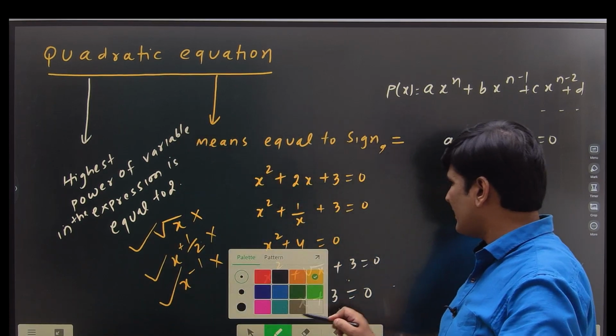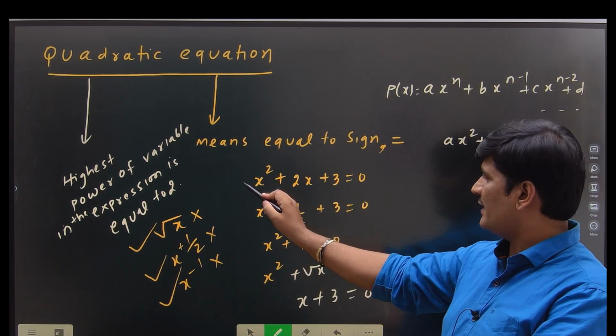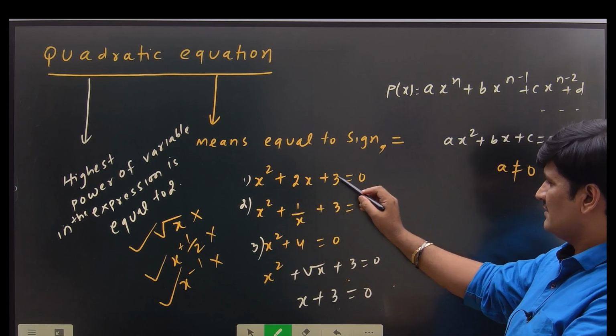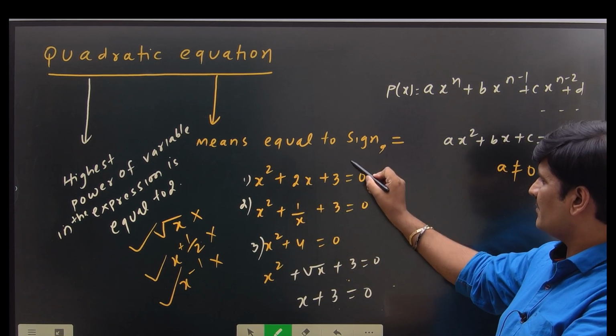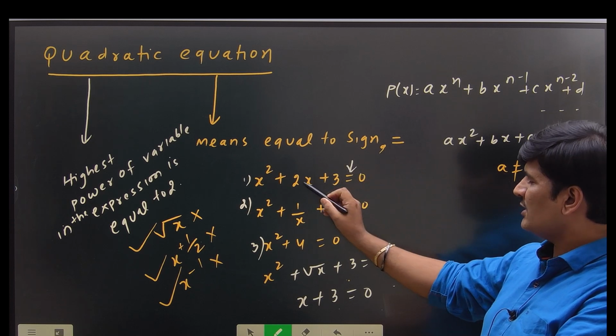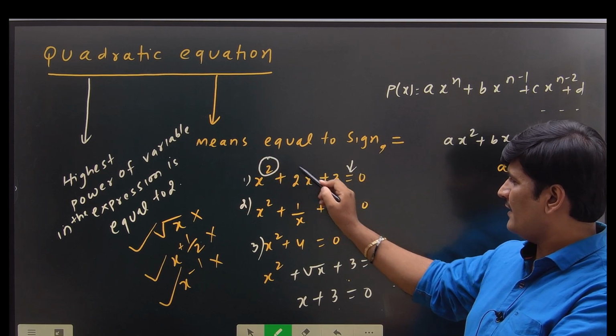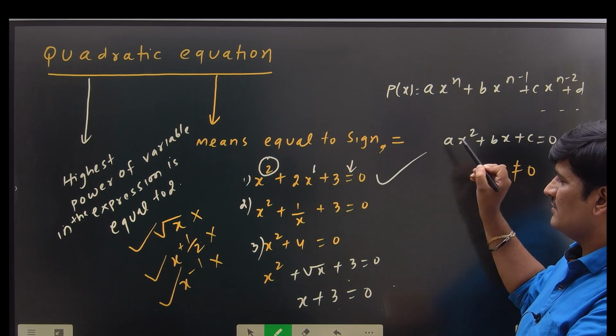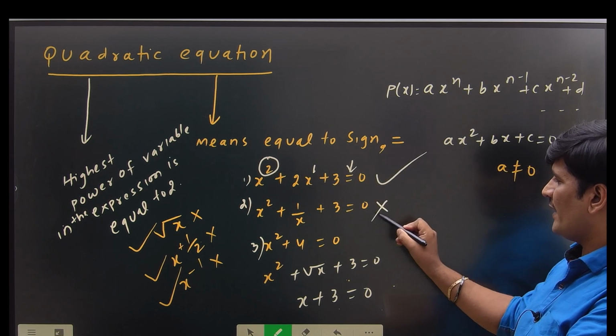So we have to check whether the expressions are quadratic or not. Here the expression is an equation, means equal to sign. The highest power of the variable is 2 and the power of x is also equal to 1. So this is a quadratic equation. This is not a quadratic equation. Why?